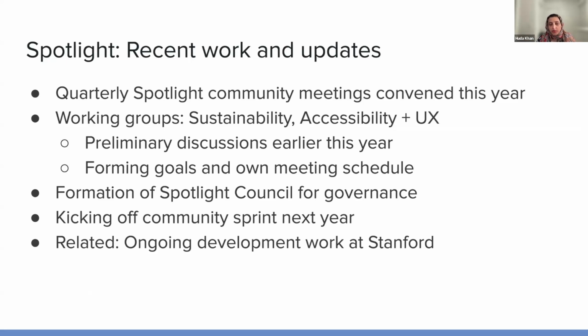So there were preliminary discussions around this work earlier this year, and now these groups are forming goals and their own meeting schedule. There's been a Spotlight Council that's been formed for governance, and we're kicking off a community sprint next year for this. And there's ongoing development work at Stanford that relates to some of the Spotlight infrastructure, which will get covered later during the institutional demo. So if we go to the next slide, please.